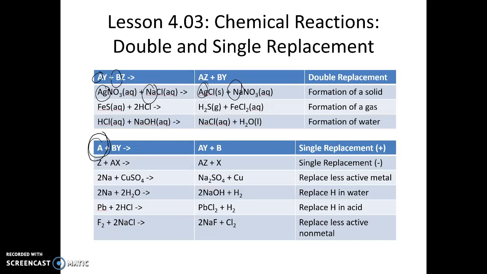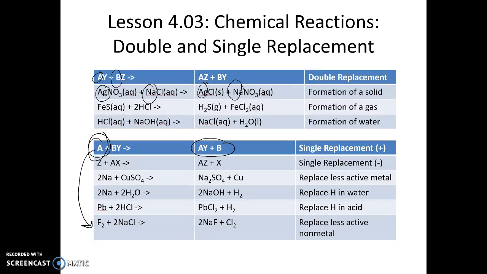All right, sometimes it's paired up with something else, like in this case, it's binary, but you notice that it's not bonded to another element. So if you see a lonely element sitting by itself, and then replacing something within a binary compound, that is single replacement. But at the end of this reaction, you will still have another element that will end up being lonely instead. It'll just be a different one.